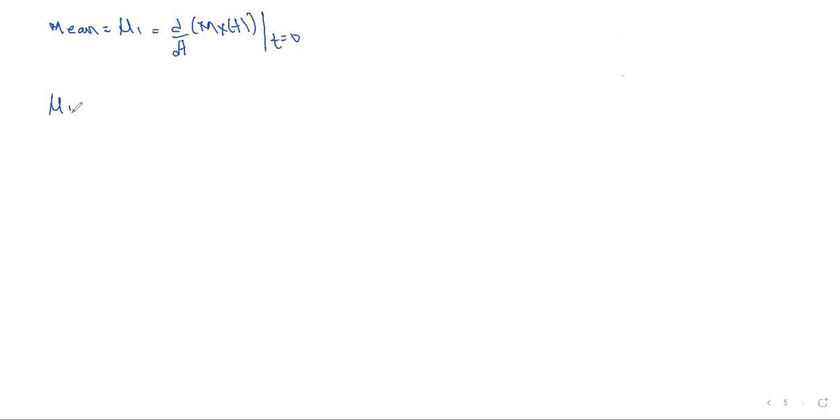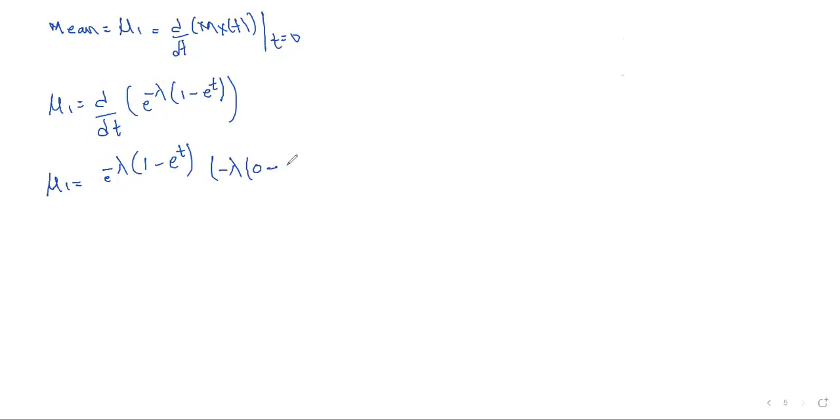So mu1 equals d by dt of e power minus lambda into 1 minus e power t, and we differentiate this with respect to t. Here e power minus lambda stays as it is outside.